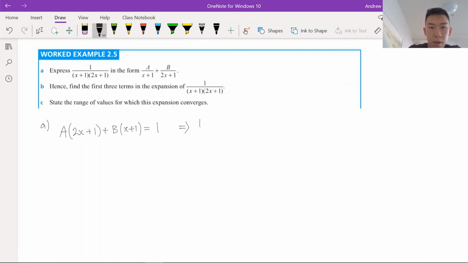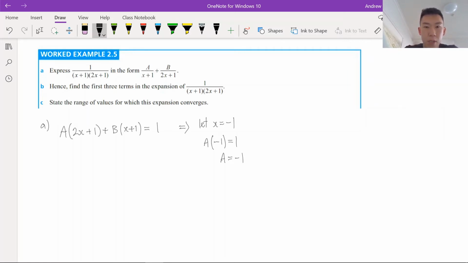So let's find A first. If we want to eliminate B, we'd have to let x = -1. That means A outside of, 2 times -1 plus 1 is -1, equals 1, so therefore A = -1.